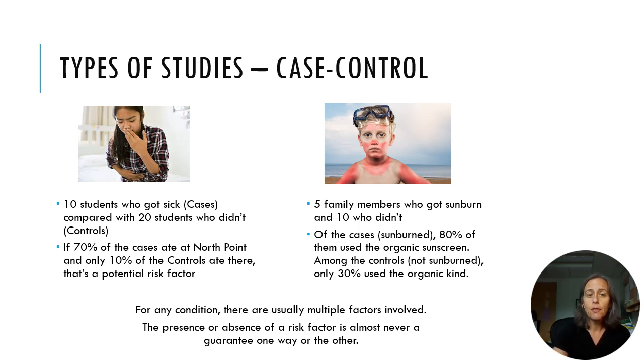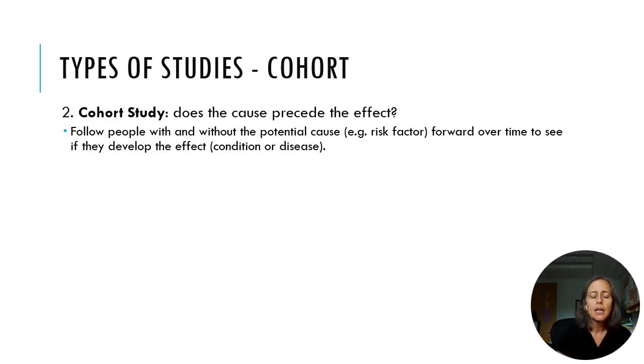So that's to answer the first question. Do we see that association at the individual level? That's the case control study, comparing those who have the condition with those who don't, and looking to see what's different between them. Our second study, does the cause precede the effect? We're going to do what's called a cohort study to do this.